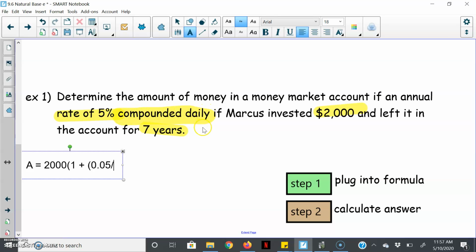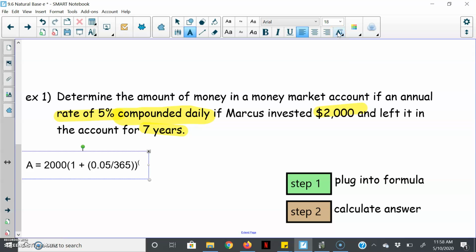It's compounded daily. There's 365 days in a year. I'm going to close that parenthesis, and then because it's just talking about this and this, I have to close this parenthesis now. And we are going to raise that to n times t.